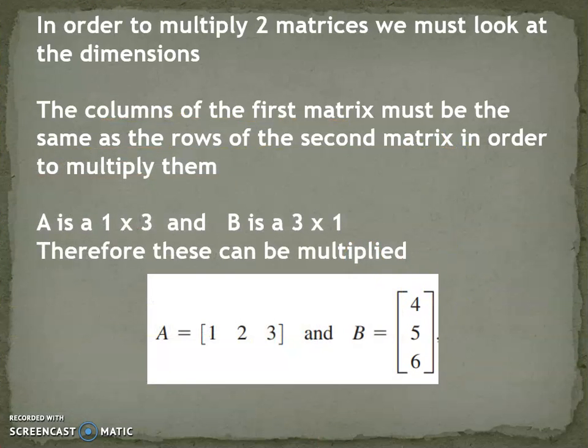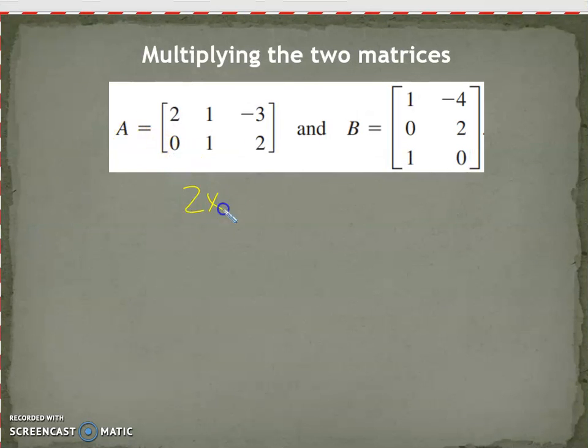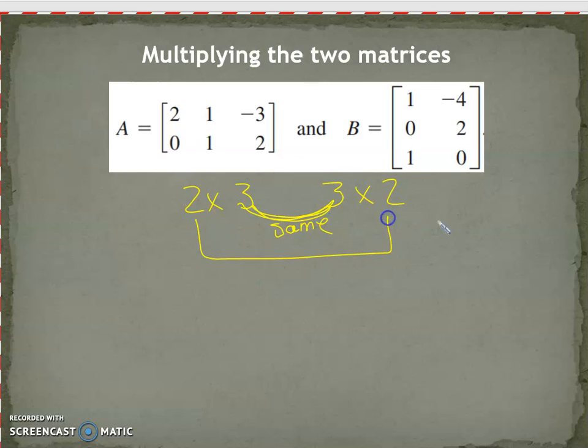Okay? So just want to go over a couple of these. This is a 2/3 and a 3/2. The middle is the same, and that means we can multiply, and the 2/2 would be my solution. Okay? And we're going to do what we did. The process was correct. It's just I said this backwards. So the columns of the first and the rows of the second have to be the same.